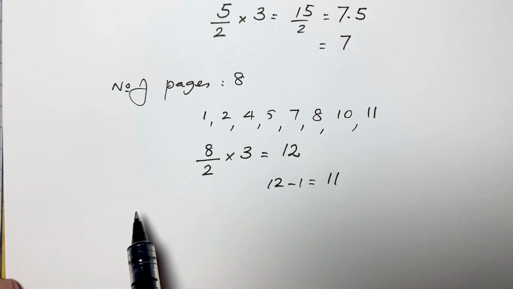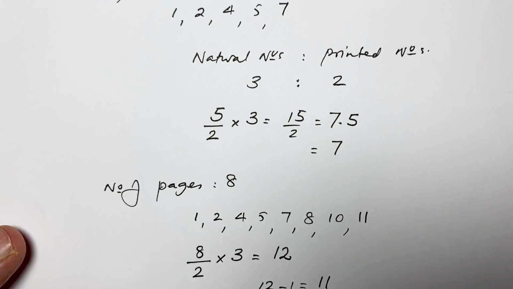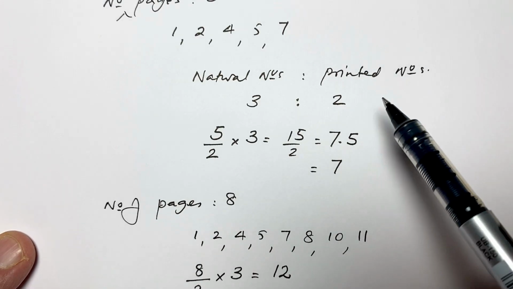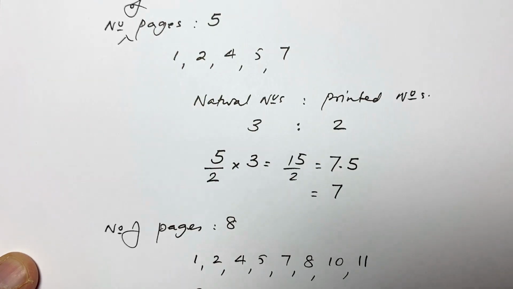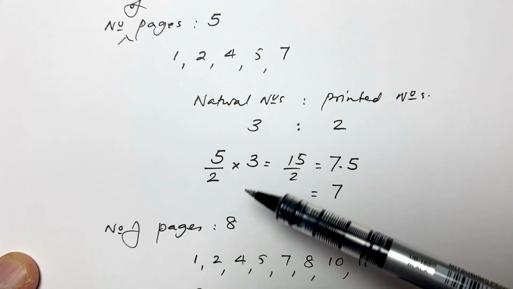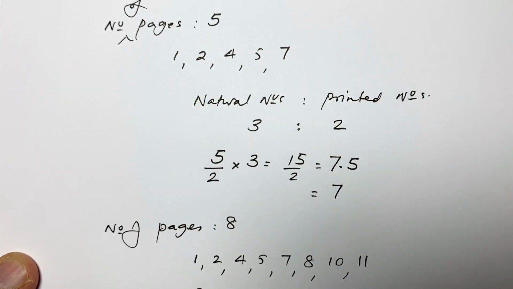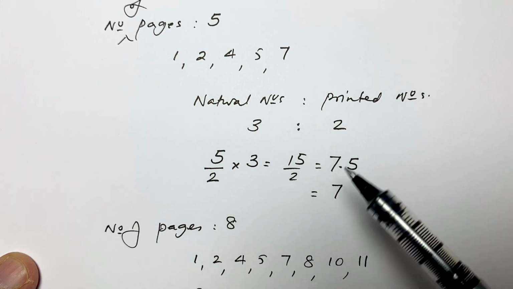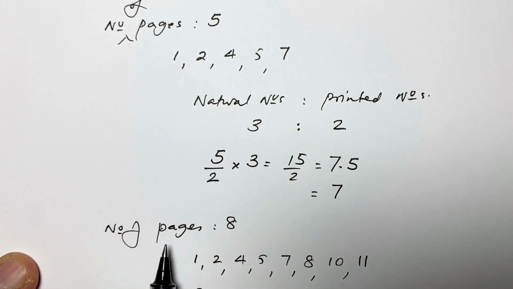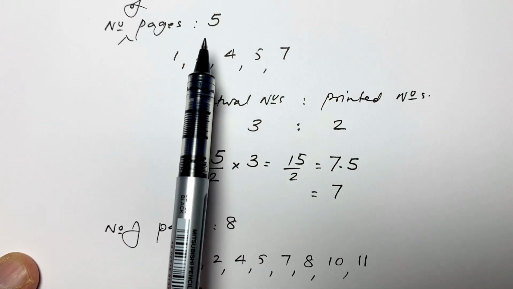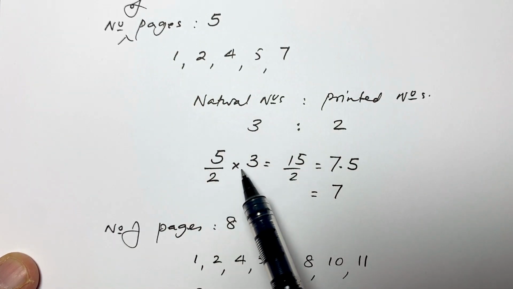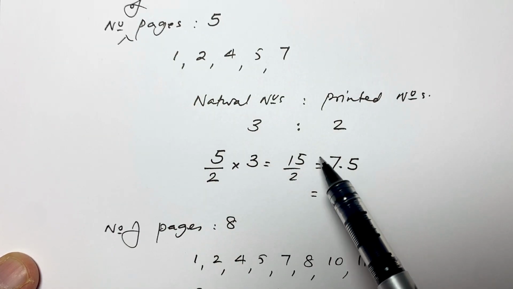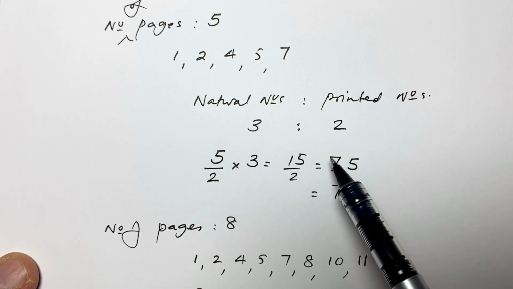This task told us you can see now a slight change in calculation of the page number when the number of pages is odd and when it's even. When it's odd, when we divide the number of pages by 2 times by 3, I ended up with a decimal value.